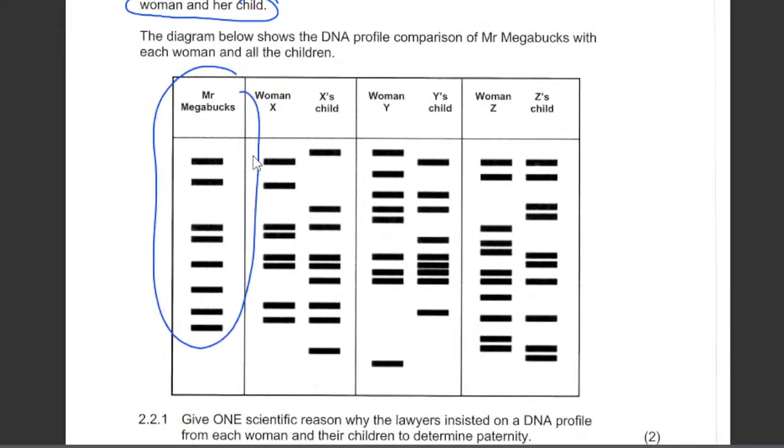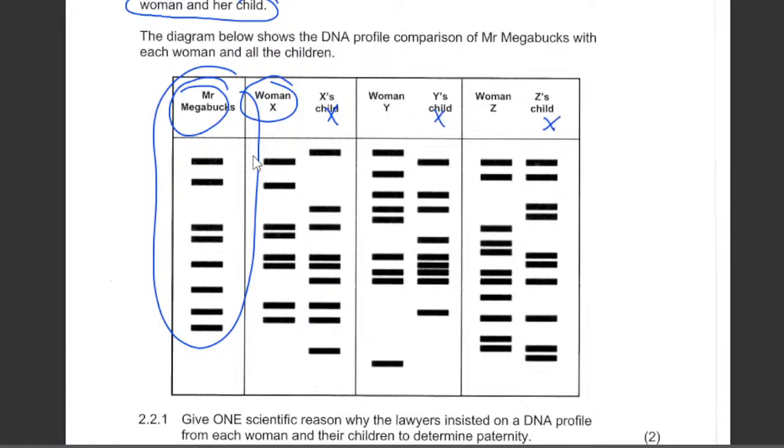The first thing you need to do, when 3 people are involved, is to take the DNA of the mother, the DNA of the husband, and the DNA of the kids.